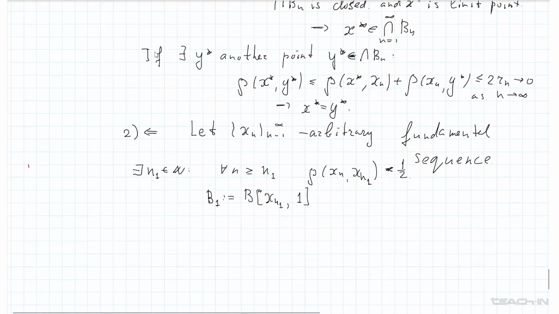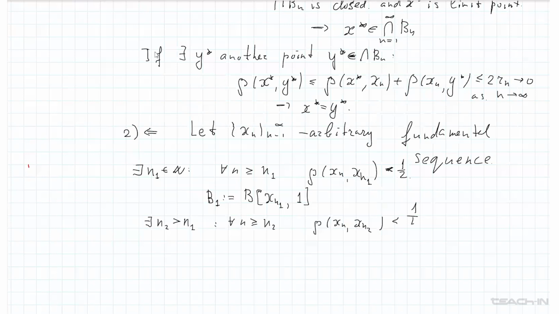Then by induction, exists n2 larger than n1, such that for any n greater or equal to n2, the distance between xn and xn2 less than 1/4.